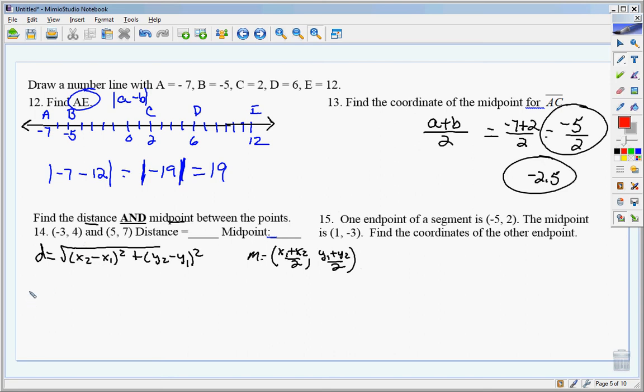So, on the distance formula, I have the square root, and x2 minus x1, so I have 5 minus a negative 3 squared, plus y2 minus y1, 7 minus 4 squared.